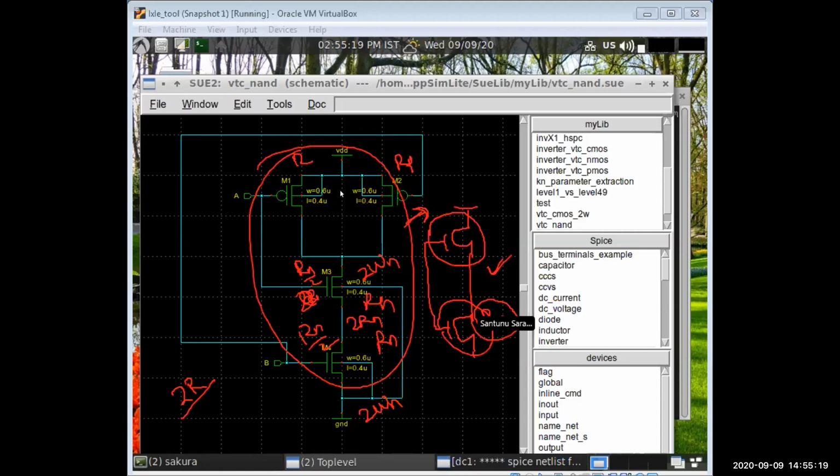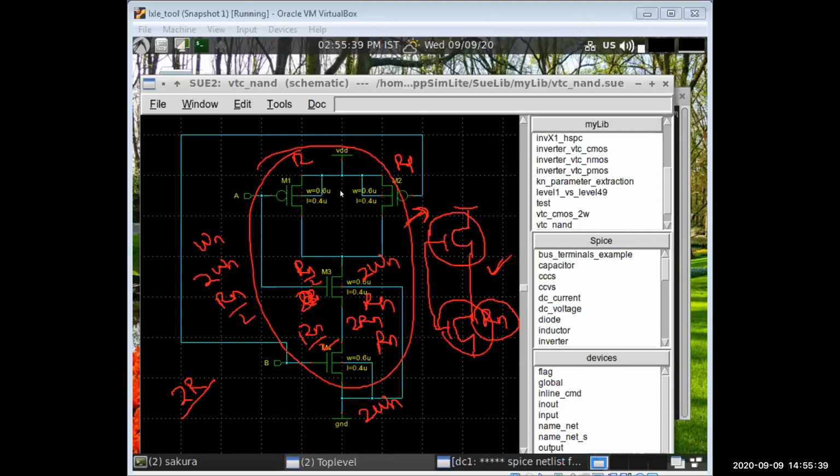So what we will do, if we double the size of this transistor. Initially it was Wn. So if you make it 2 Wn, then the individual resistance of this transistor will be Rn by 2. Yes or no? Yes, sir.